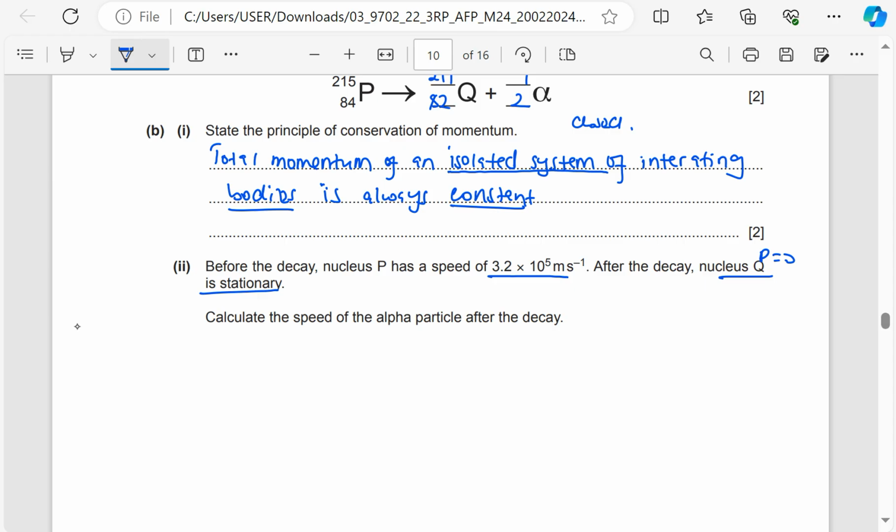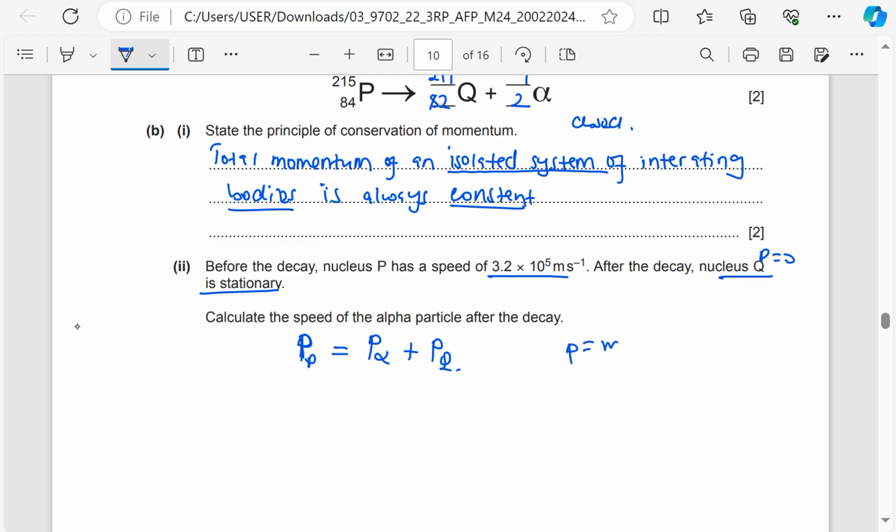I'll use P for momentum. Total momentum of P should be equal to momentum of the alpha particle plus the momentum of Q. That is by conservation of momentum.